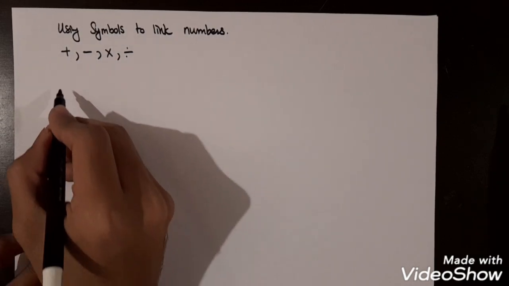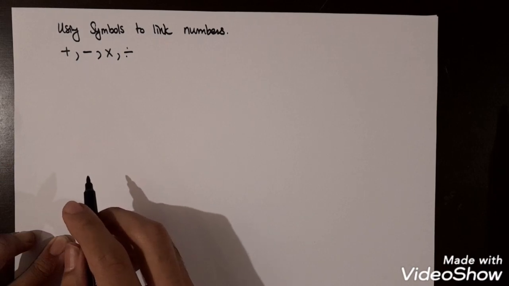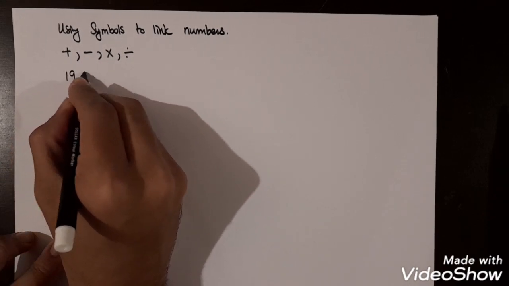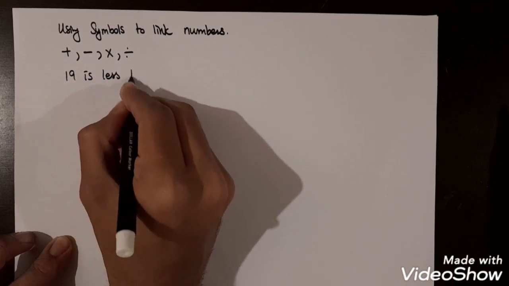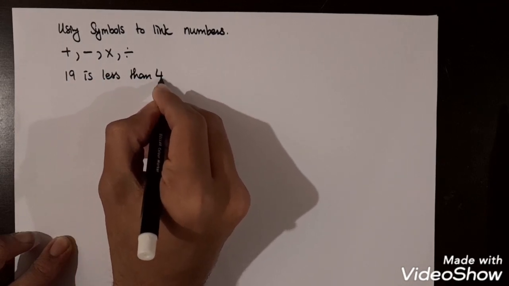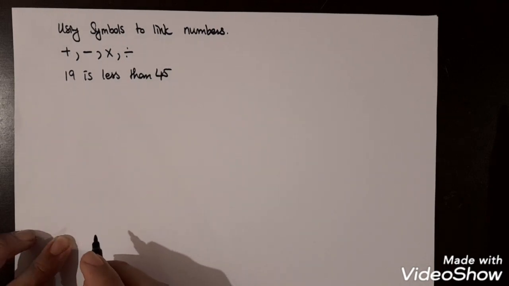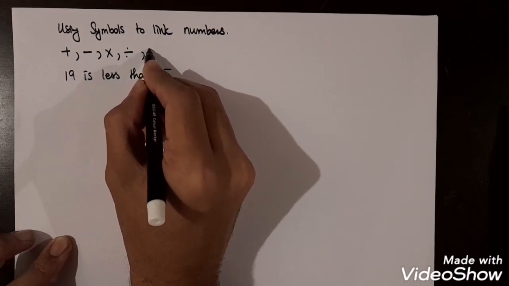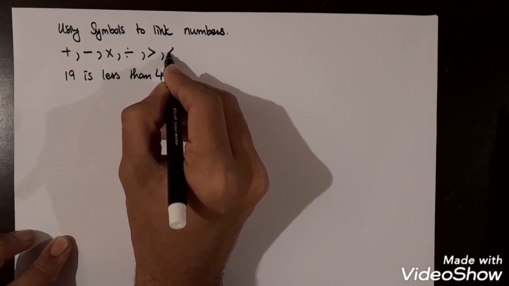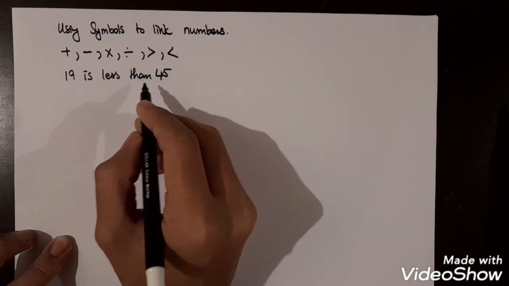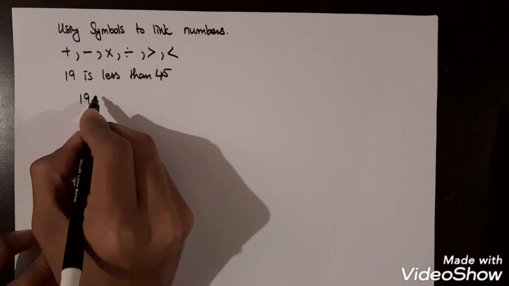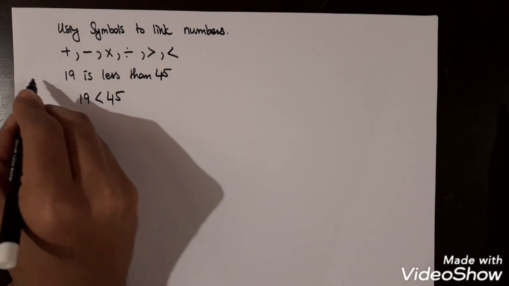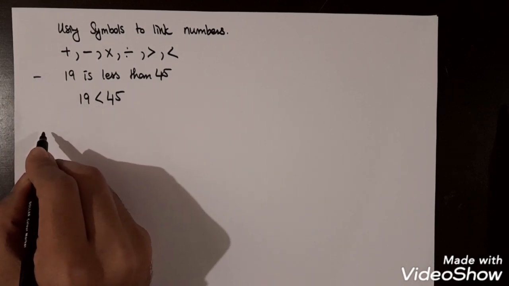For example, if the question is 19 is less than 45, we will use the less than and greater than symbols. So we will write 19 is less than 45. This will be the first example.